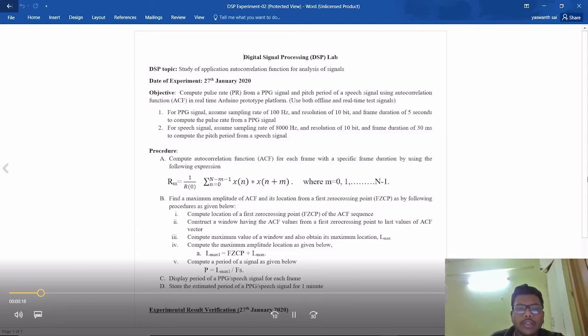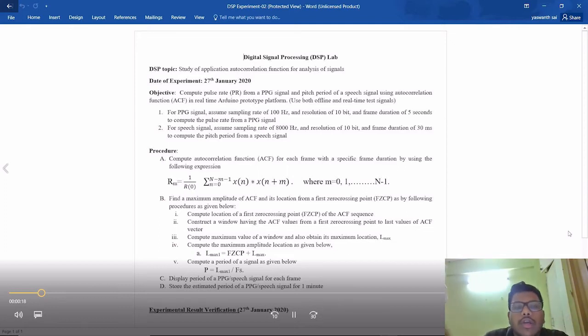So how do we find the pitch period of the pulse signal? We take the PPG signal and compute the location of the first zero crossing point of the autocorrelation function sequence of the PPG signal. After computing the first zero crossing point, we take a window from the first zero point to infinity.